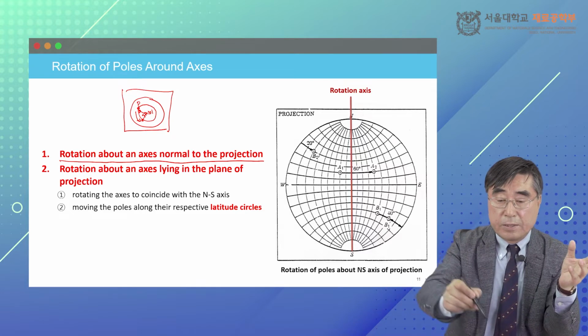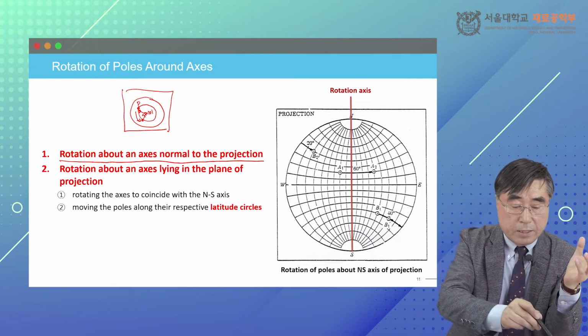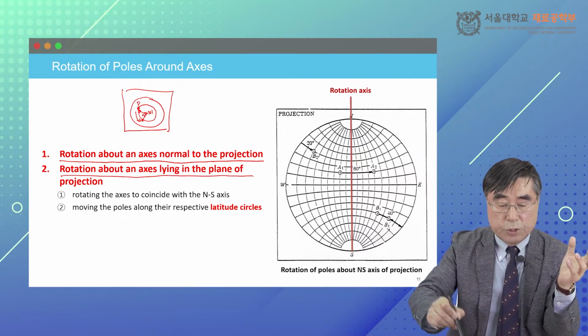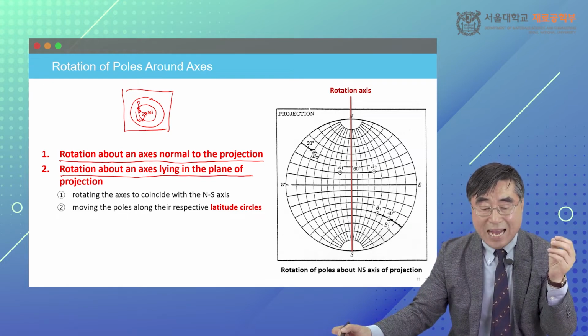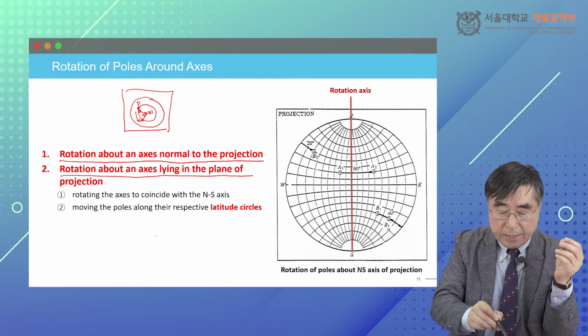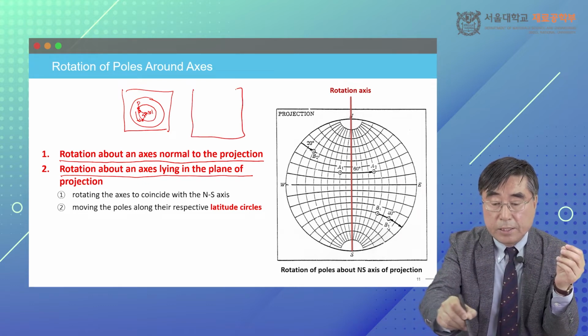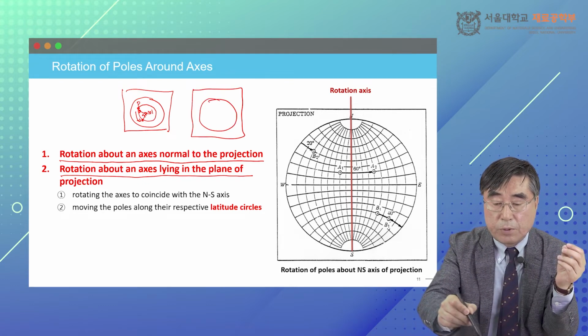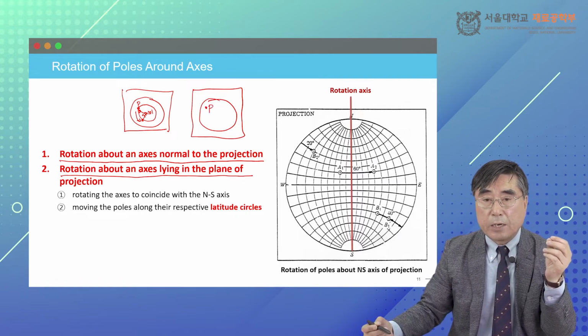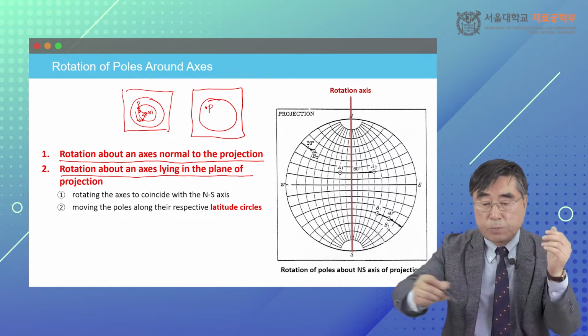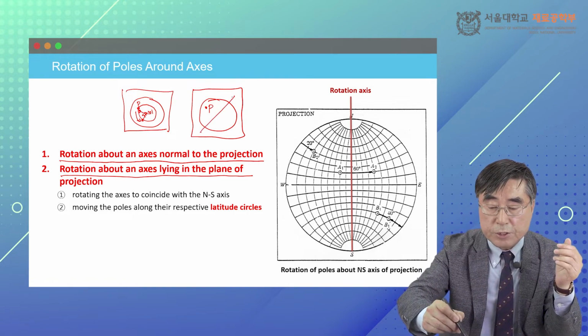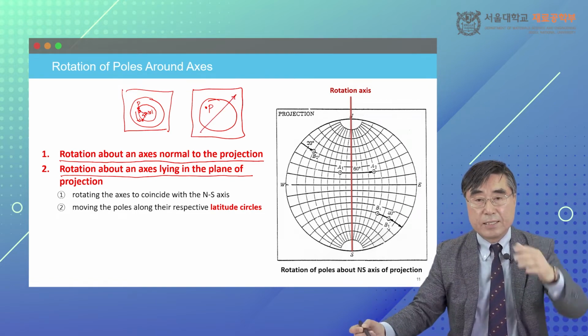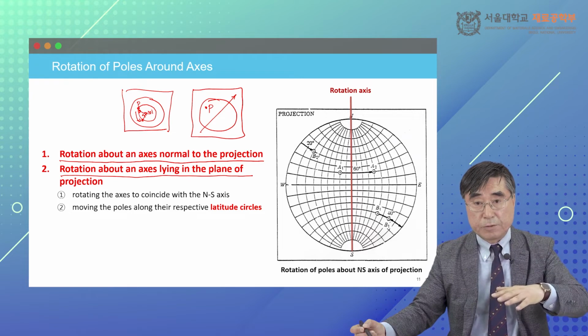All right. But now what we'll do is the rotation about an axis lying in the plane of projection. What I mean here is that now I have certain poles in the stereographic projection, P. Now I want to rotate this pole about a certain direction which lies in the stereographic projection.